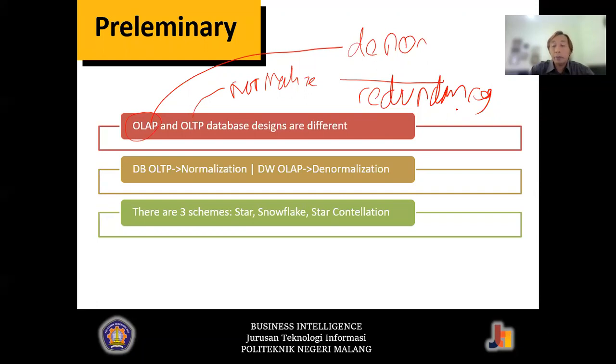They need to simplify the information, so the star constellation is quite confusing and quite difficult to design. So in this topic, we will only discuss these two schema designs.